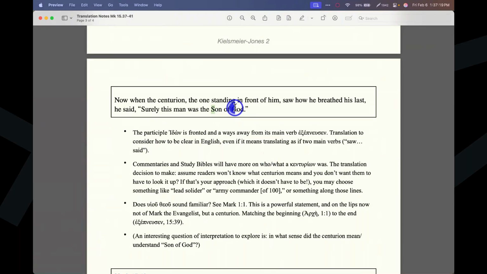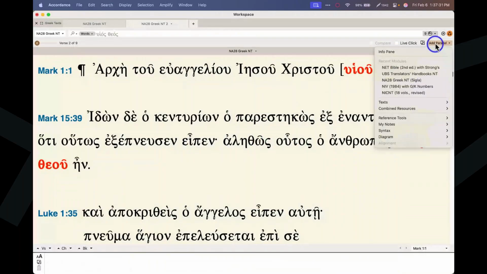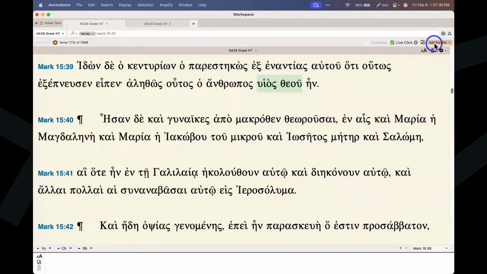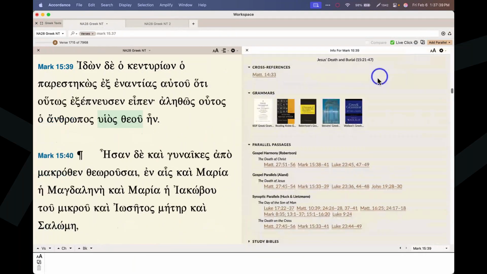Namely, do you capitalize your S and your G? Surely this man was the Son of God, with capital S and capital G, or not. I would spend some time on this in the commentaries. I'm just very briefly highlighting the fact that this issue exists and that it's worth looking at.